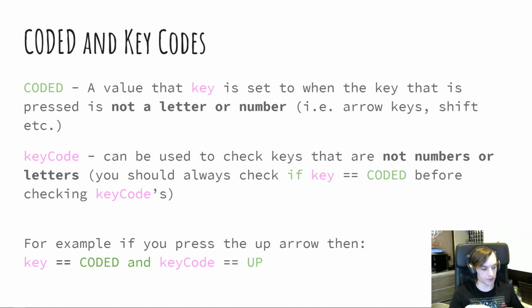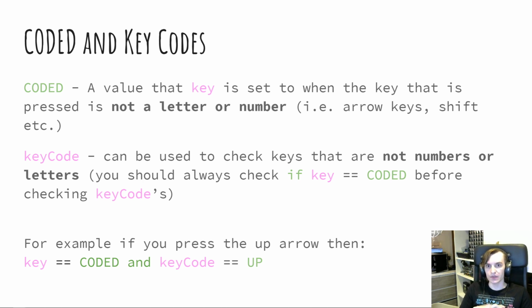If you press something like Shift or Enter or any of the arrow keys, then key will be set to the value coded instead of any particular string. And with high probability, that's what it was set to when we started. When it's set to coded, you need to use a separate variable to check which key was actually pressed. The variable we use for that is key code.